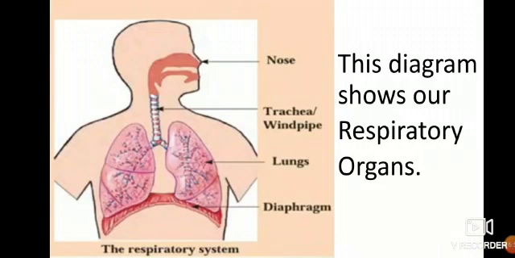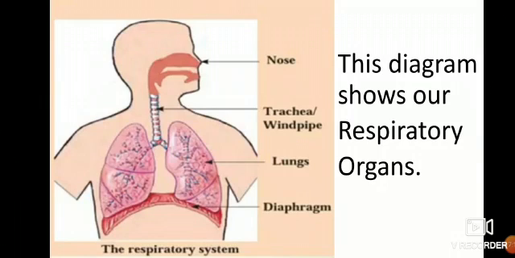Now, can you see this diagram? Yes. This diagram shows our respiratory system, our respiratory organs. With these organs, we respire, we breathe. Respire means we breathe. So it starts from the nose and ends at the diaphragm. Okay.